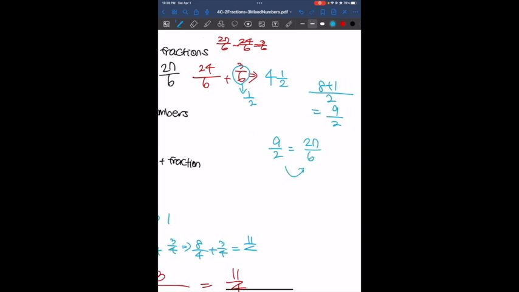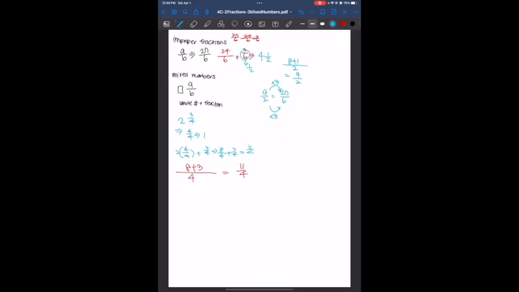We multiplied by 3 for the denominator, and also multiplied by 3 for the numerator, so those are equivalent expressions. And so that is how we change from improper fractions to mixed numbers, and from mixed numbers to improper fractions.